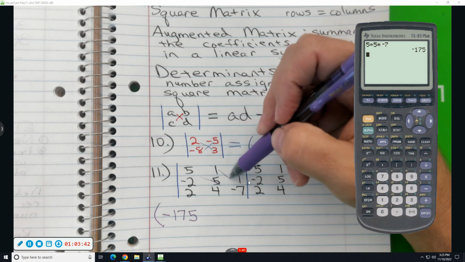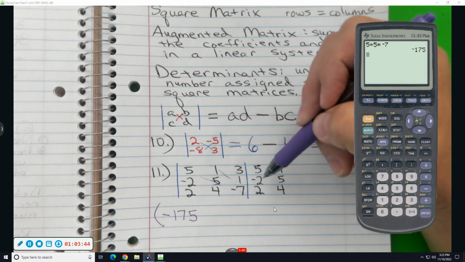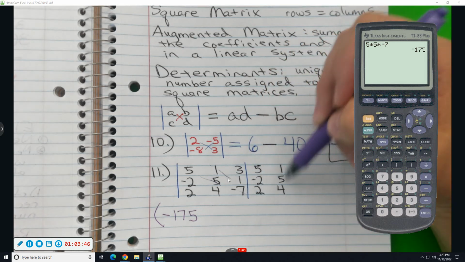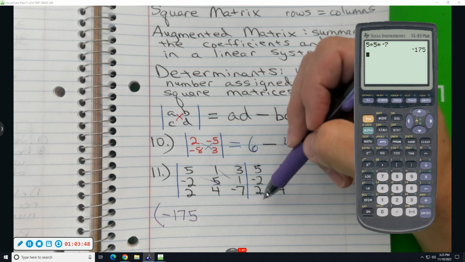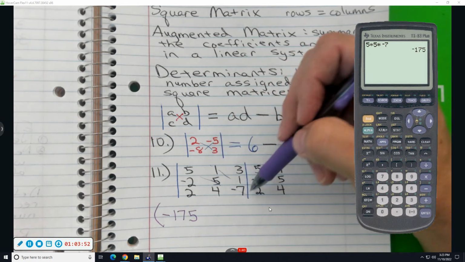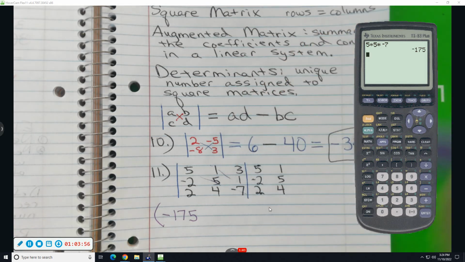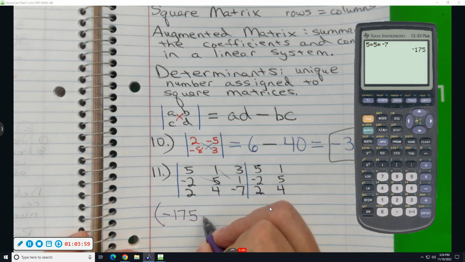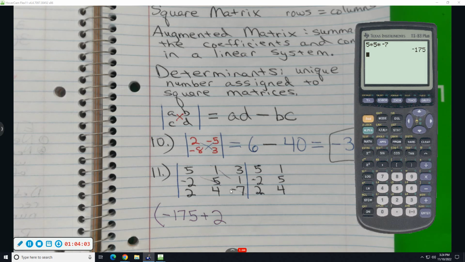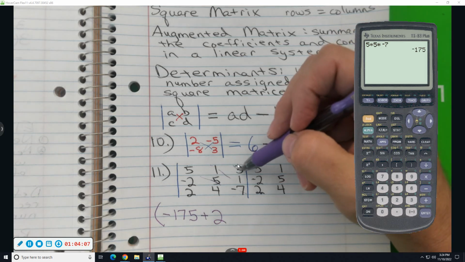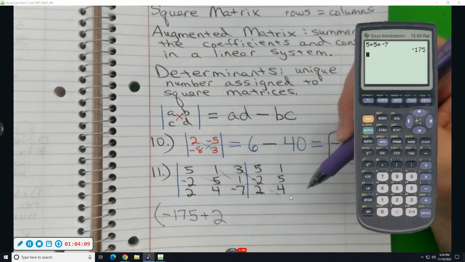1 times 1 times 2. The reason you wrote those first 2 columns is so that you see all 3 of the diagonals falling from left to right. You had 5 times negative 7. Now you have 1 times 1 times 2, which is a positive 2. So 3 times negative 2 times 4.